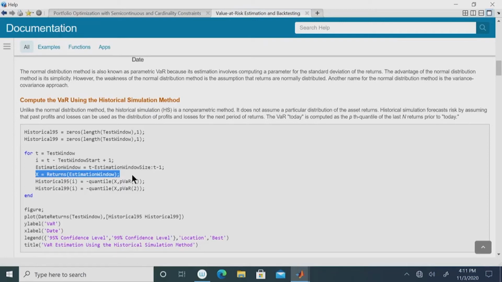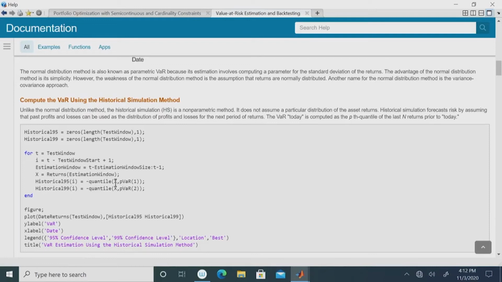The assumption is that the random variable for the return for the next day will take a certain number of values, and those values are simply going to be the returns from the past. Accordingly, you will take the quantile of these returns of the past. Remember that we talked about quantiles when we were talking about value at risk. So, it will take minus the quantile.